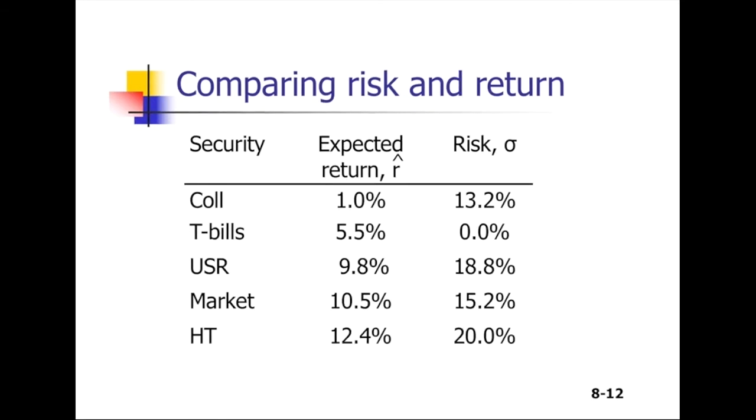Jump to this slide. This slide shows the risk and return relationship. In the first part I mentioned before, there is a fundamental relationship between risk and rate of return. So we can write it down like this: high risk means high expected return.